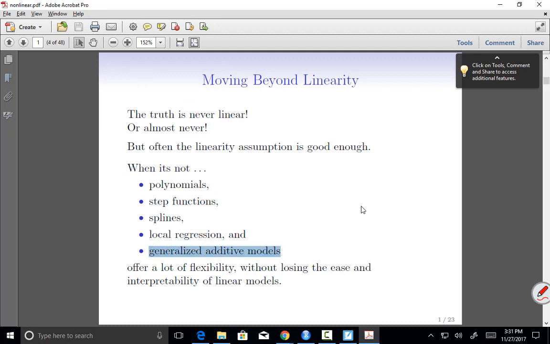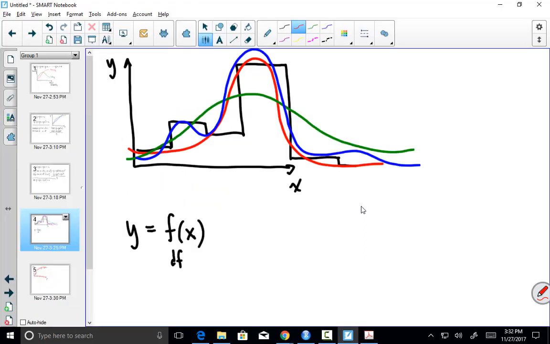Related to all of those is something called generalized additive models, which is a class of statistical models that these authors, Tibshirani and Hastie in particular, developed. Again, as a general way of representing a smooth curve in a regression framework.